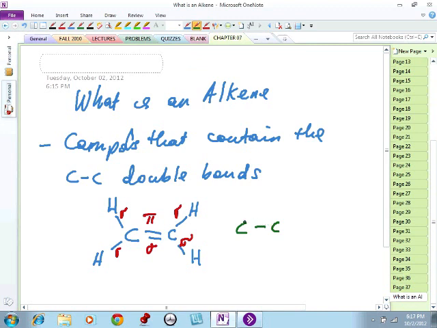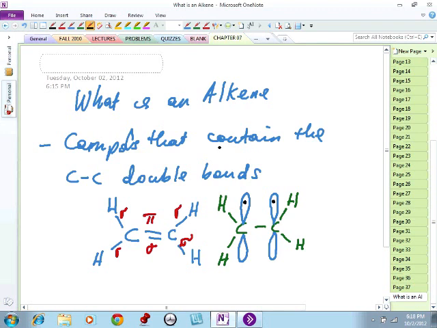Now, if I want to give you the orbital picture of this structure here, simply writing the sigma bonds as line bonds, you will have a p orbital on each one of the carbon atoms, and in each of the p orbitals you have an electron.